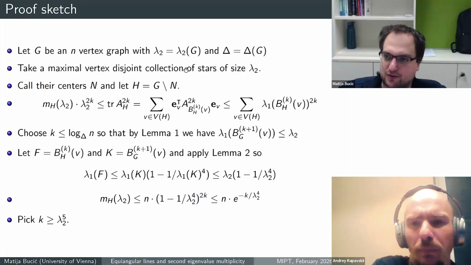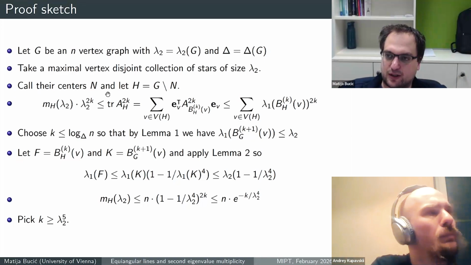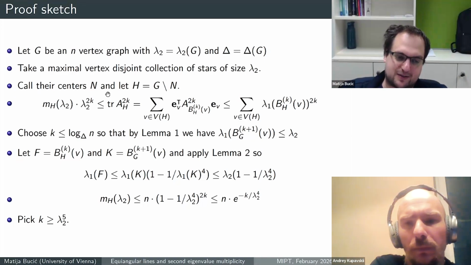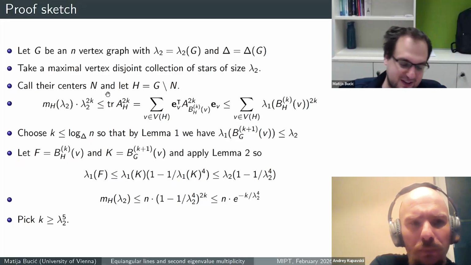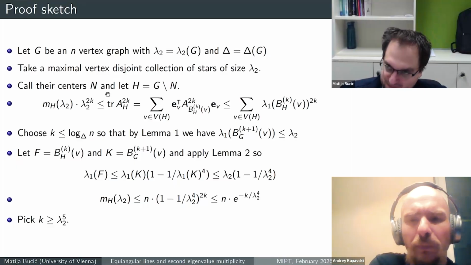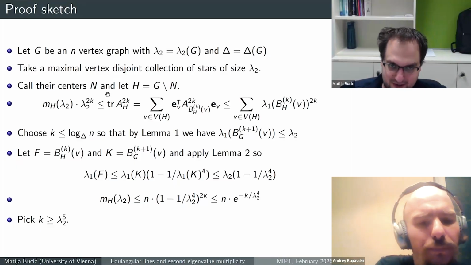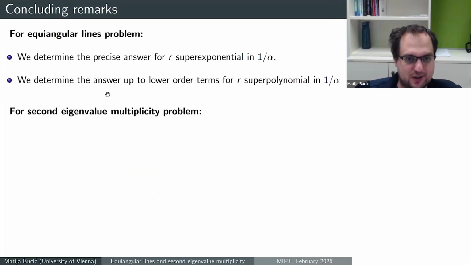So this is the intuition, for me at least, why randomness starts being correct around log n, but the dense case is the one that is more open now. Since we know, at least in the equiangular lines, we understand the answer for the sparse regime here. Okay, thank you.